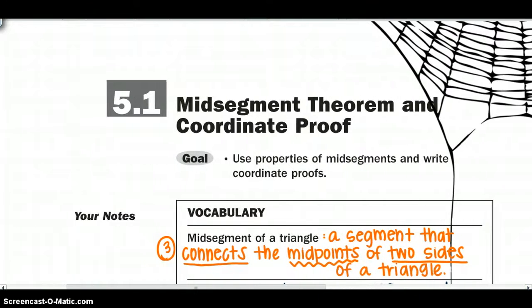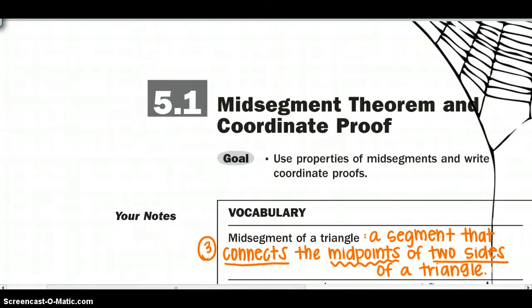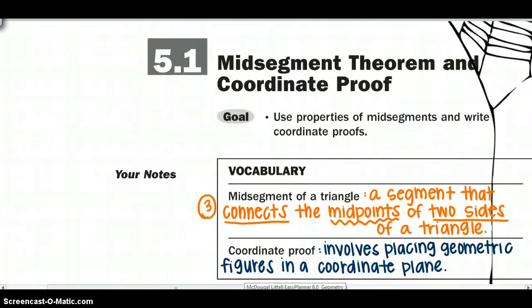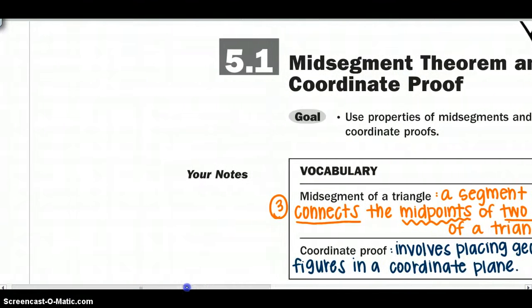So what do those words look like? Just to remind you, if at any point you need to slow the video down, pause it to write something, or rewind it, that is also available. In my triangle, to find the mid-segment, I need to find the midpoint of two sides, knowing that the midpoint definition says it is in the middle of the segment and creates two congruent parts.